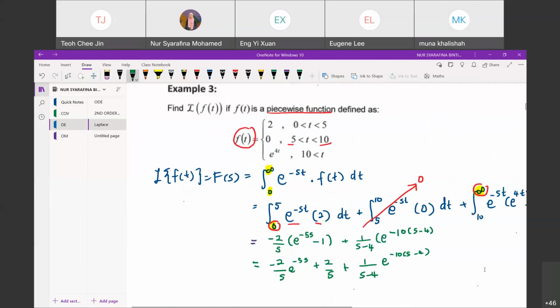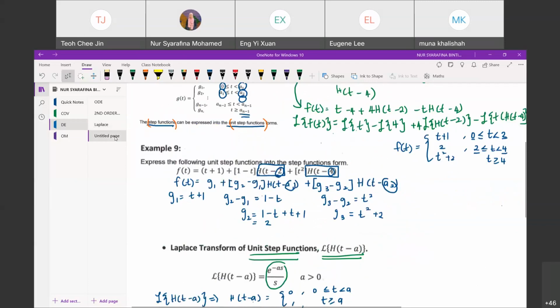All right? Yes. We're going to use the value in the equation.